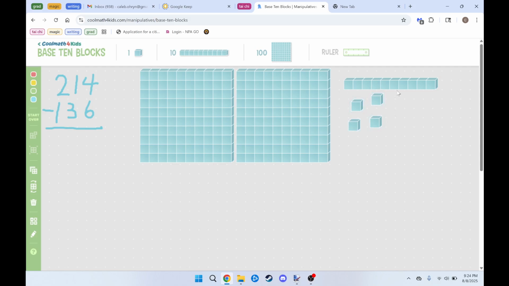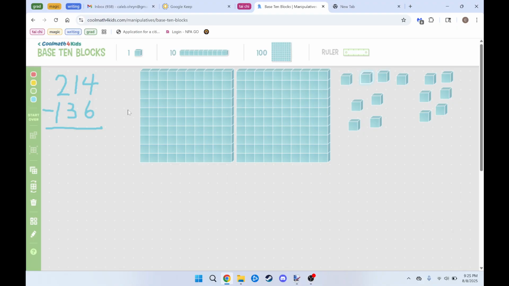So the way we'll get around that with this strategy is we'll break our 10 block here into ones, and we'll trade it in. This program allows me to just ungroup the blocks. So now you'll see we have what was one 10 block is now 10 ones. I'll just spread them out.